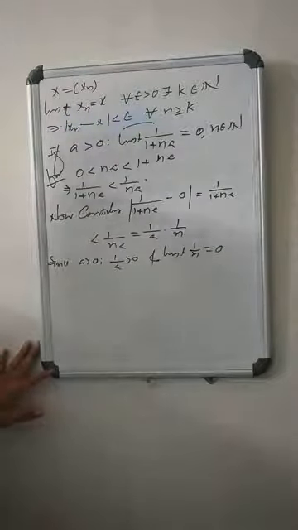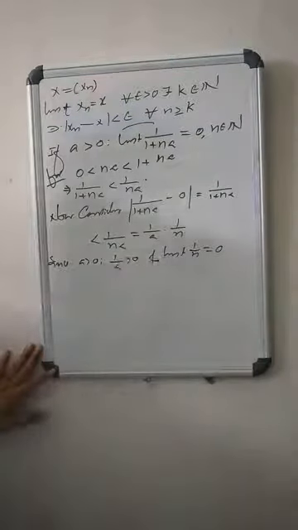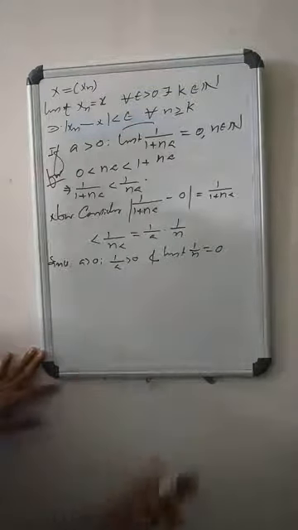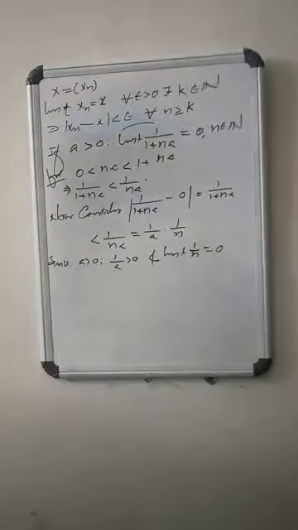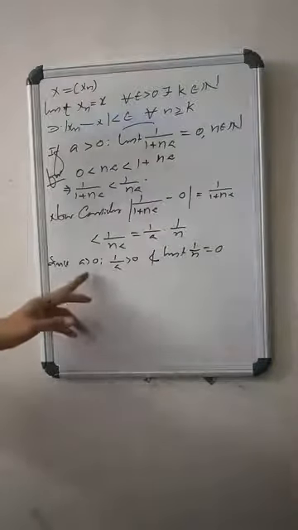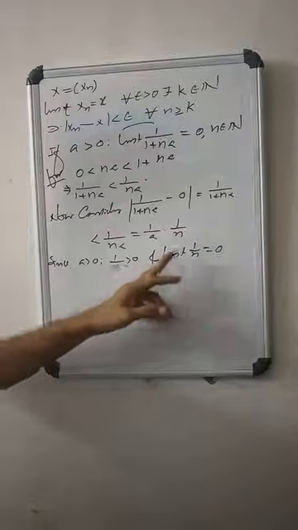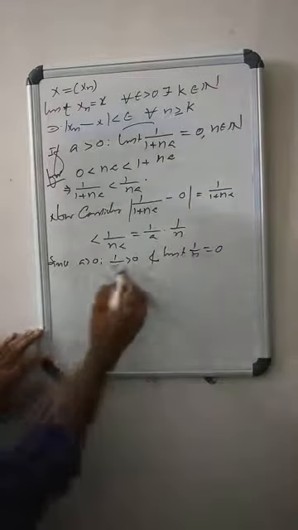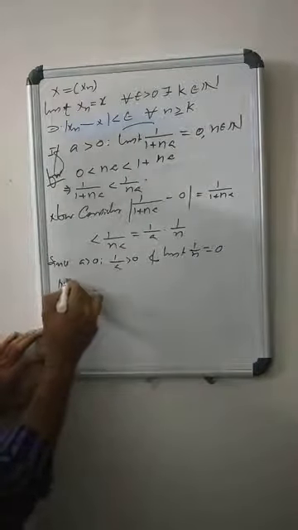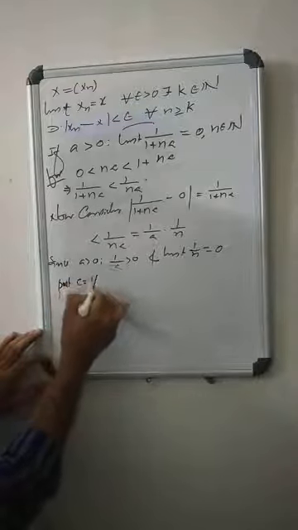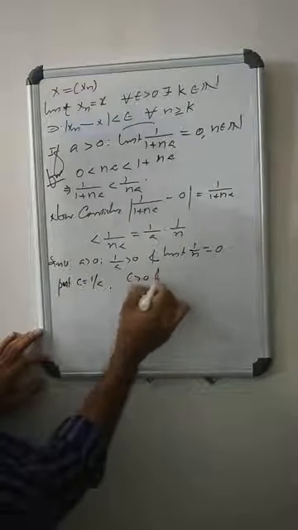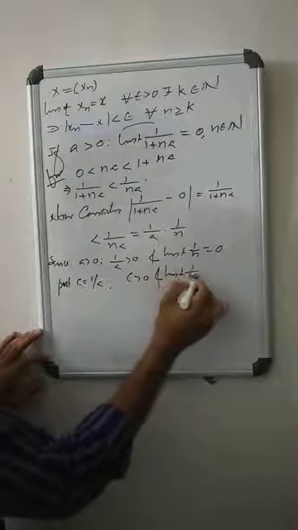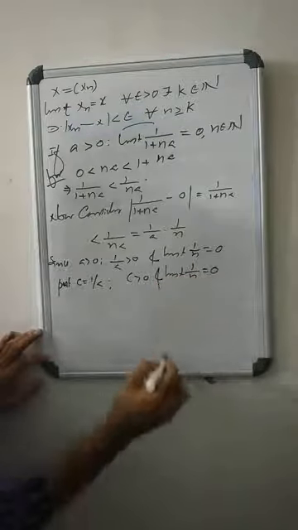Then there exists some epsilon positive with the modulus of xn minus x strictly less than epsilon for all n greater than or equal to N. According to that argument, here a is positive, so 1/a is positive, and the limit of 1/n equals 0. For convenience, put c equals 1/a, then c is positive, and the limit of an equals 0.